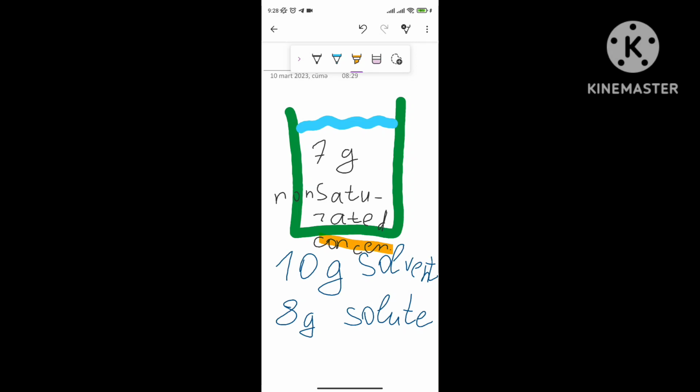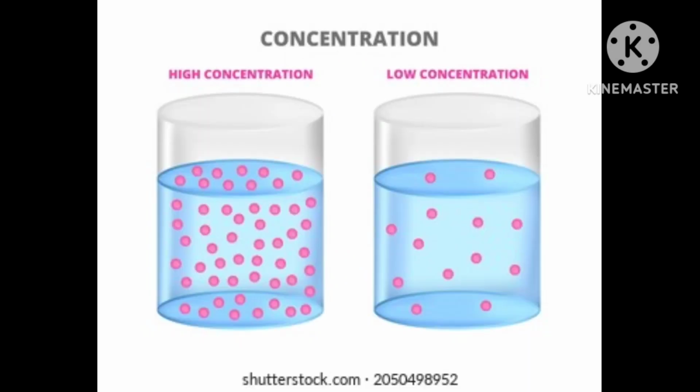The concentration is high. So let's figure out what concentration is. When a solution is concentrated, it means a little bit of the amount is missing for making it saturated. If a solution is non-concentrated, or we call it also diluted, it means we have more solvent and less solute, so we need to add a lot of solute in order to make it saturated.